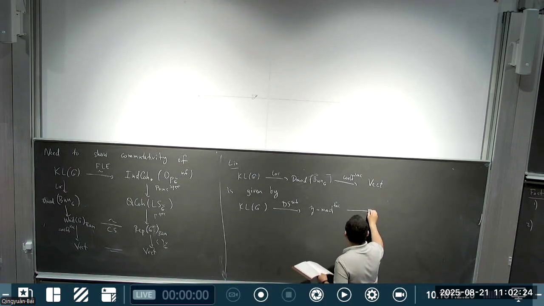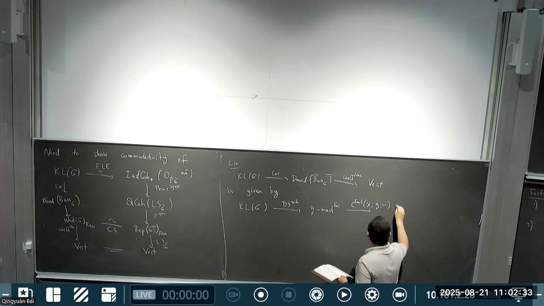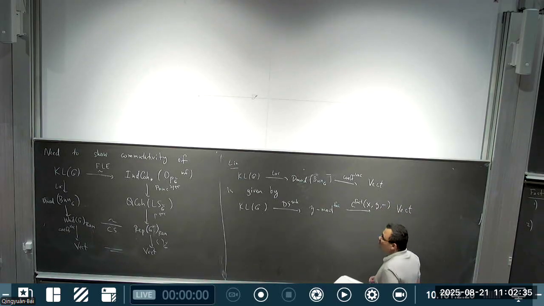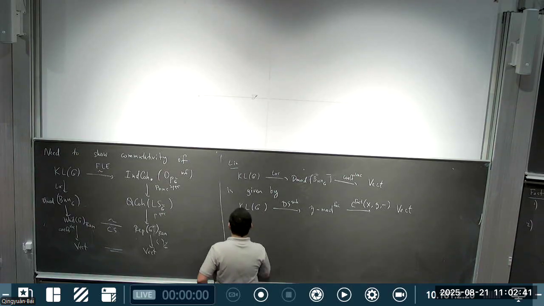And then after that, we do chiral homology, factorization homology. So that's what this composite is given by in the local to global terms.